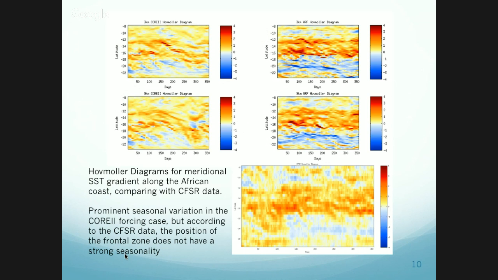In the CORE2 forcing, the frontal zone we're concerned about is maybe at this position. There's pretty obvious seasonality in the position of the frontal zone. In one year, I don't see anything that obvious. Comparing the CORE2 forcing with the WRF forcing, we can see that the position of the frontal zone moves northward and moves southward again in the middle of the year.